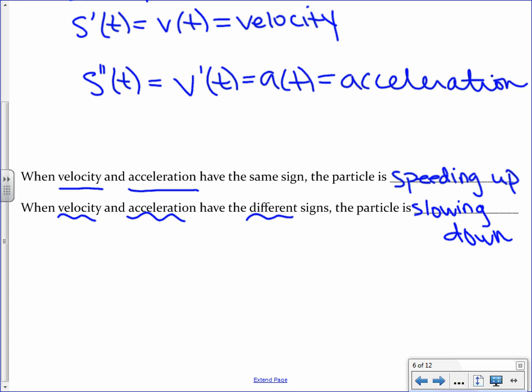This is something that right now seems so simple, but it's going to be very easy to forget. So make sure you make a note of it somehow. Okay. This will be something that I will ask. And the only justification I'm going to accept is when you compare the sign values of velocity and acceleration. Okay?